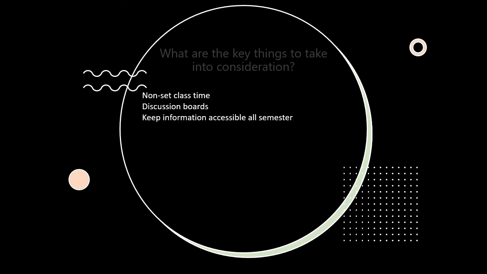And the last thing to keep in mind for me was keeping information accessible throughout the semester. This allows people who are kind of behind to go back and make sure they understand everything instead of just missing out on information and moving on. And it allows a good reference.